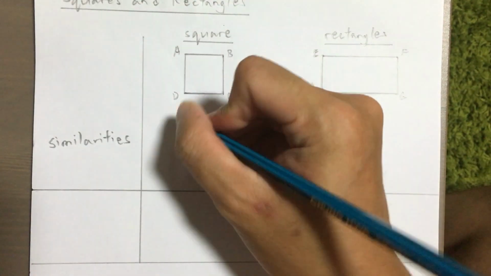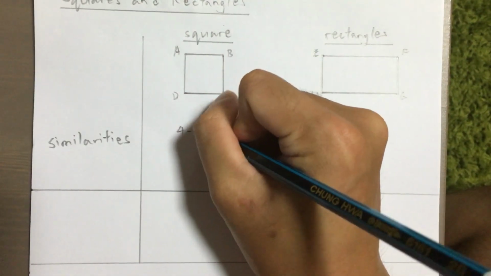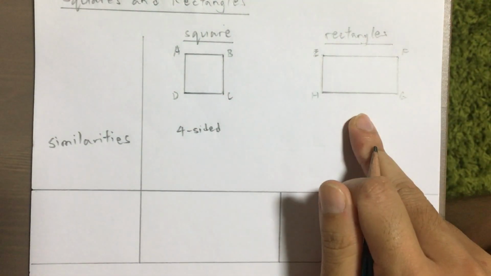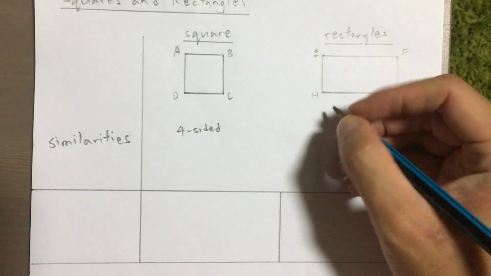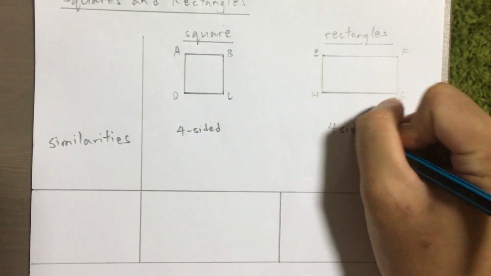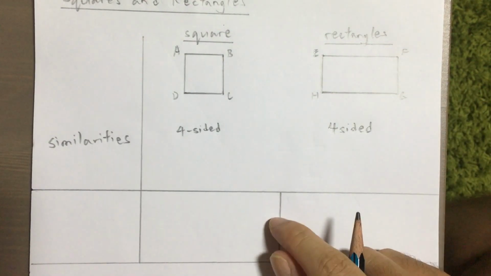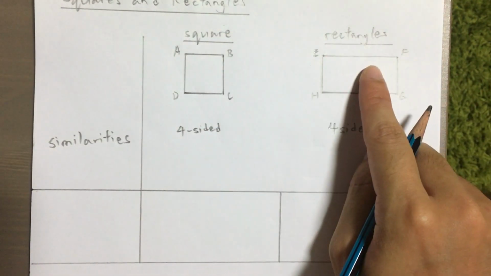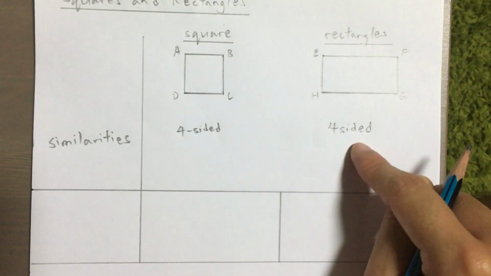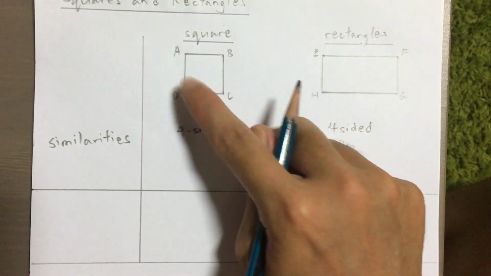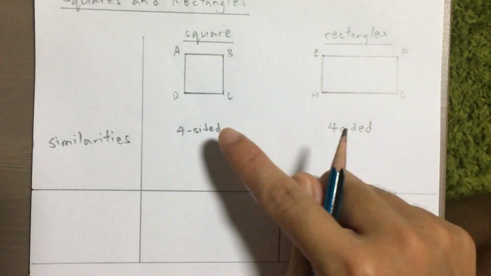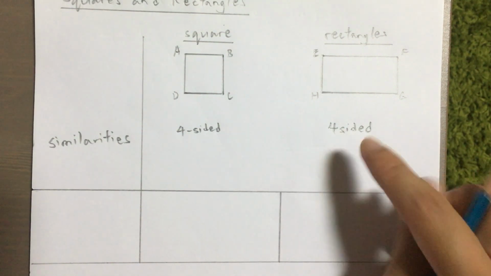I know this is four-sided. How many sides does a rectangle have? I also know it is four-sided. So the first similarity is that they are both four-sided. Just count 1, 2, 3, 4. 1, 2, 3, 4. Both square and rectangle are four-sided.